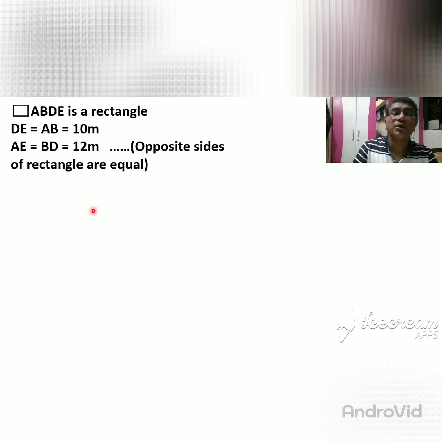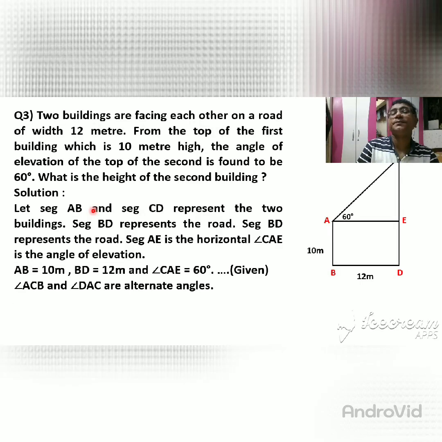Suppose some of the students don't understand, so I am going back to show the rectangle here. See, this is C, this is E and this is A. This is the tan 60 you are using. Tan means opposite, CE, divided by adjacent, AE. Are you seeing the diagram? Any doubts here?